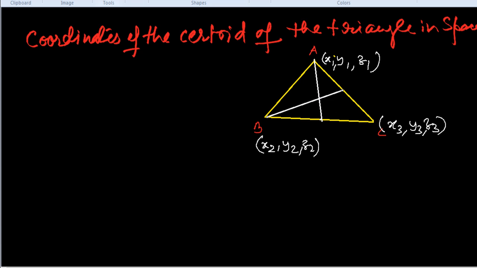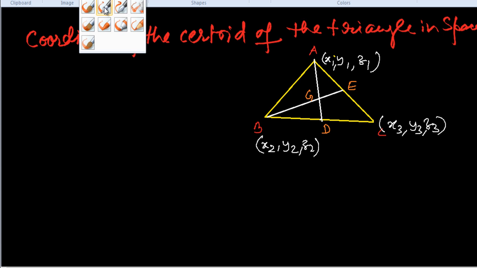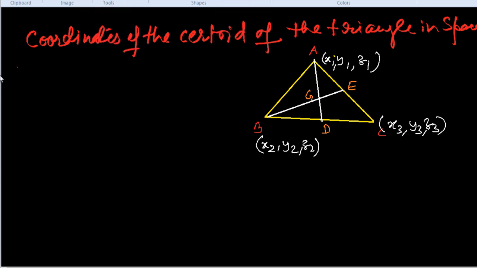The centroid is denoted by G. I changed the color of ink, sorry. So G is the centroid, and this is point D, and this is point E. We can easily find the coordinates of point D, so I would like to explain the coordinates of point D.